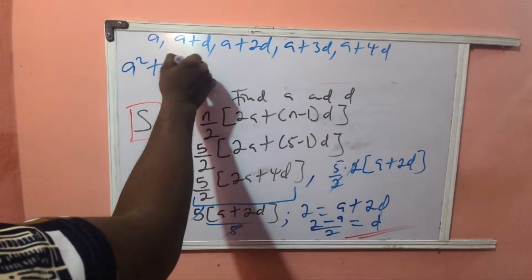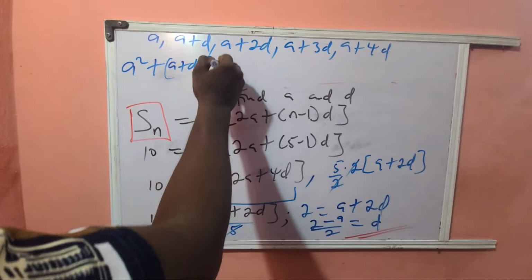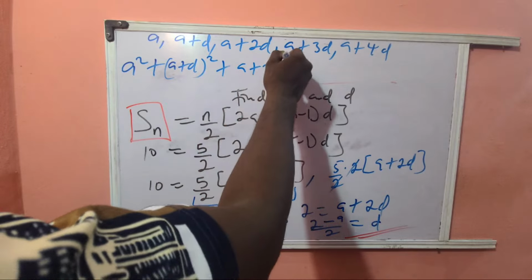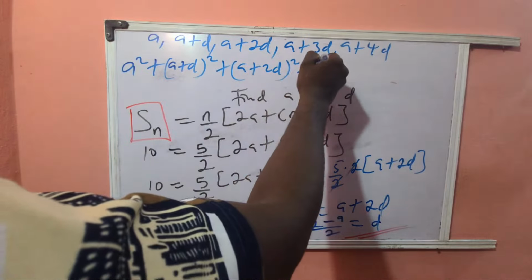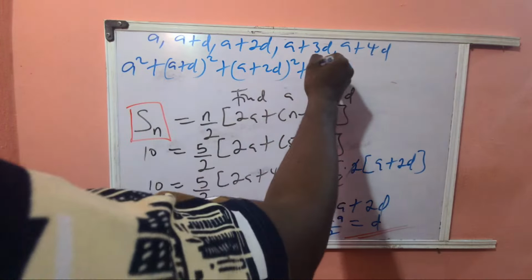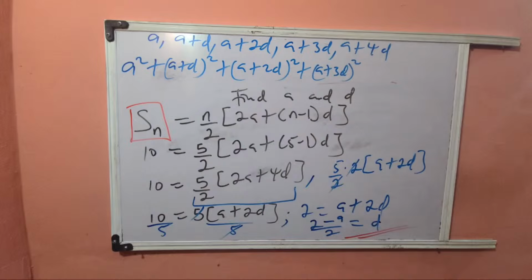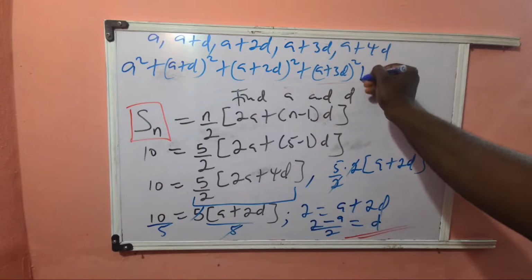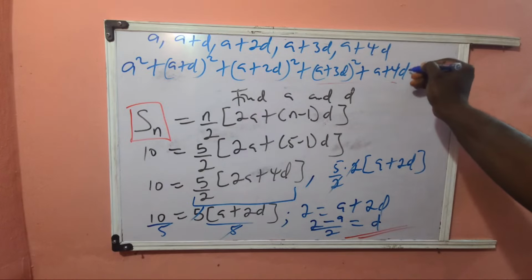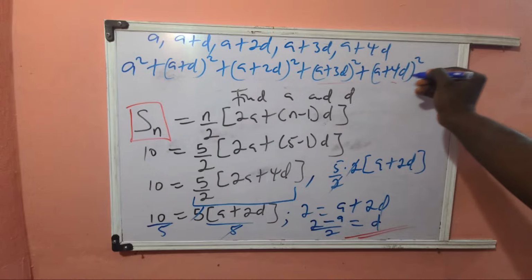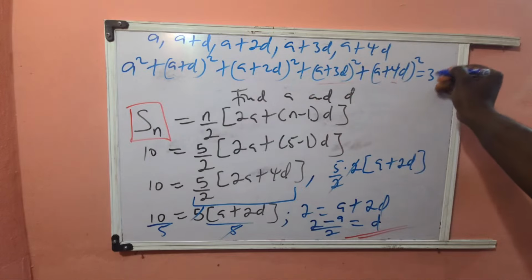That will be a squared, plus a plus d squared, plus a plus 2d squared, plus a plus 3d squared, plus a plus 4d squared. So you are told that all this equals 380.